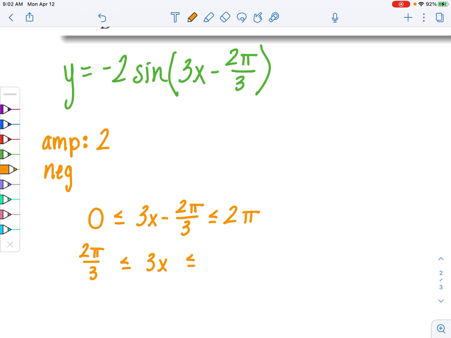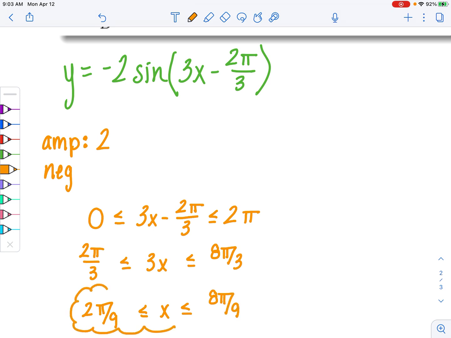Make sure you get your common denominators. This would really be 6 pi over 3 plus 2 pi over 3 is 8 pi. And divide by 3. So 2 pi over 9, 8 pi over 9. This is my new phase shift.